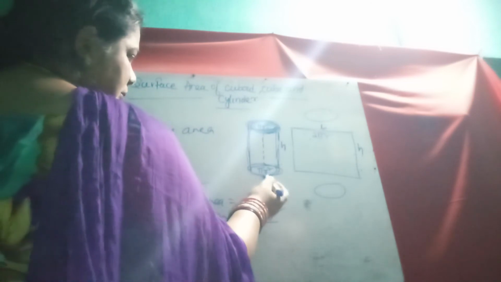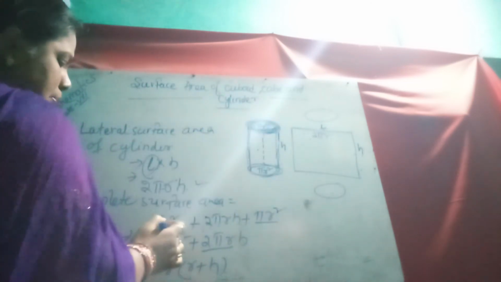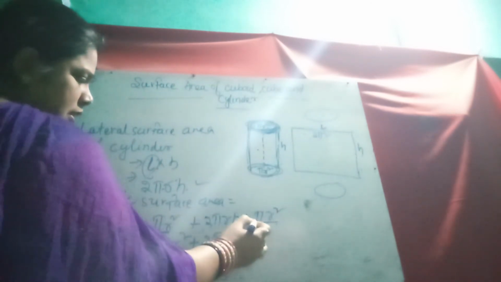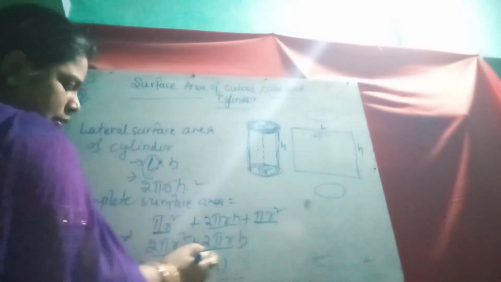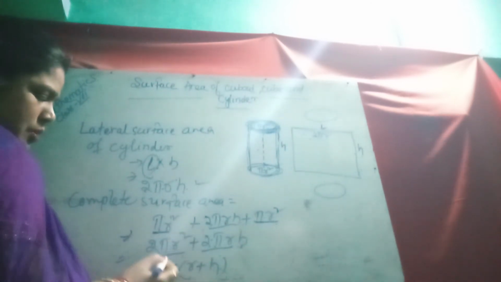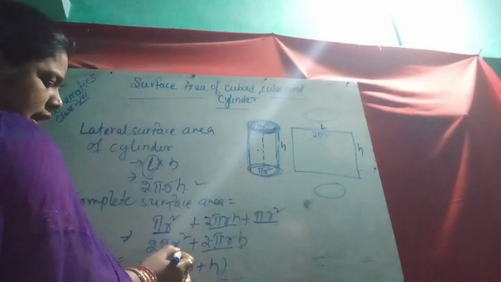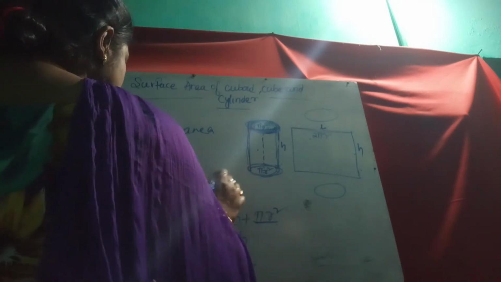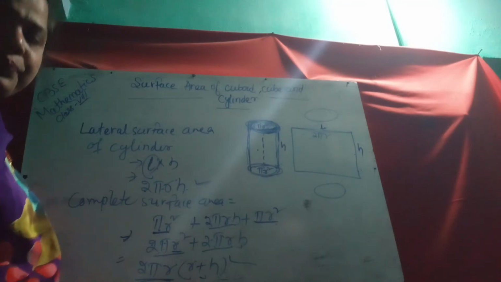Complete surface area is pi r square plus lateral surface area 2 pi r h plus pi r square, which is 2 pi r square plus 2 pi r h. Common 2 pi r, so 2 pi r into (r plus h).